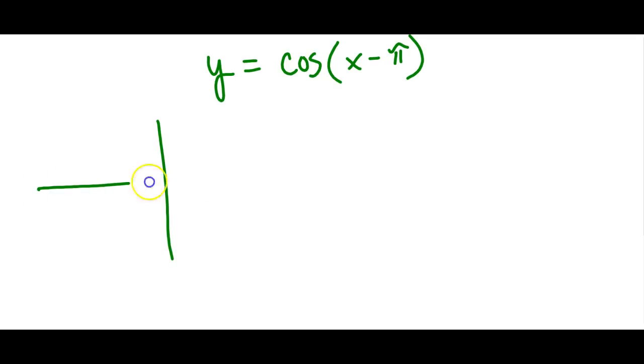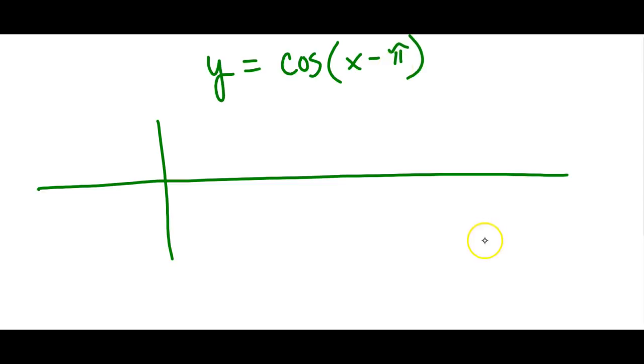Let's do y equals the cosine of x plus pi. Actually, let's not do plus. Let's do a minus, just so we see a different shift here. Minus pi. So once again, I know this is going to shift to the right. The parentheses are not just x. Usually, if it's just x, you set what's in parentheses equal to 0 and 2 pi and solve for x, and boom, those are your values.